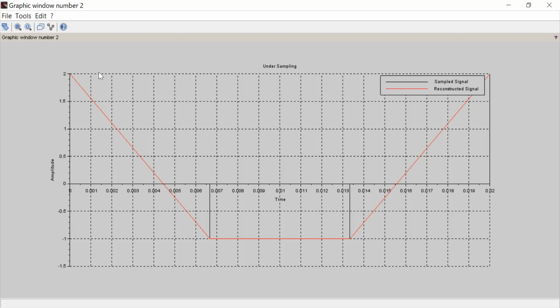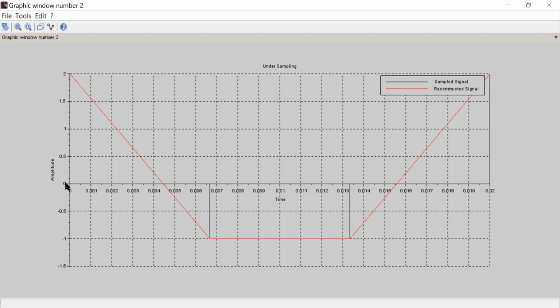For that it will generate a waveform like this. Since fs is less than 2 fm, we are not getting the original signal. The fs value should be greater than or equal to 2 fm, then only will the original signal be obtained. In this case, this is the undersampled frequency, therefore we are not getting exactly what the input is. Undersampling we are doing, therefore it will show up to here only.